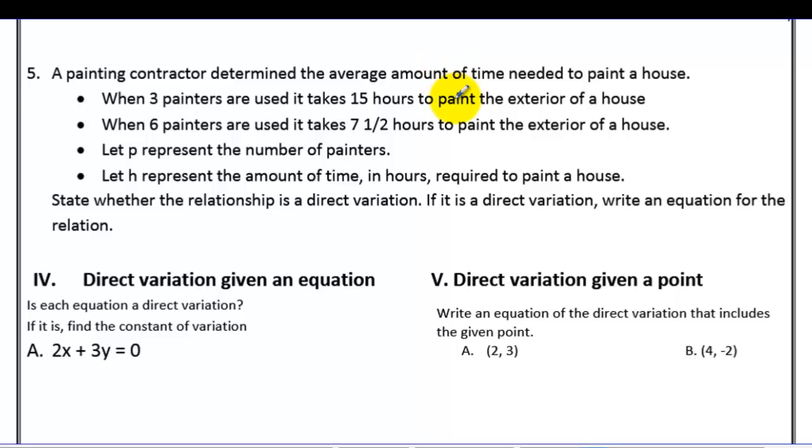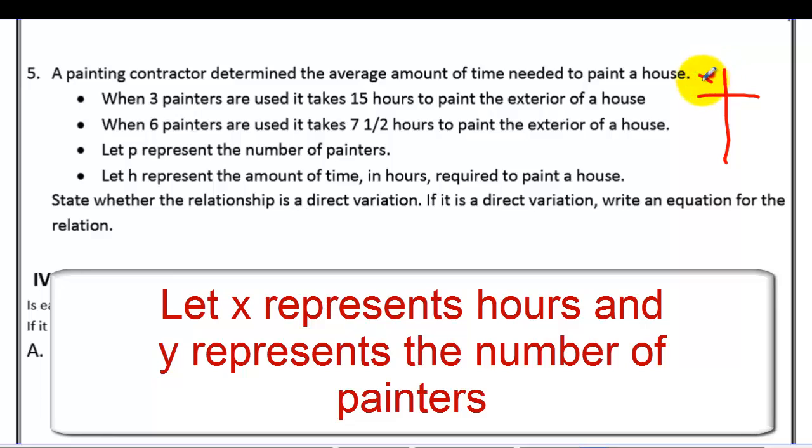We can easily identify if we have a direct variation if we create a table representing the given. When we discussed the rate of change in the last unit, we said that our x always denotes time: days, minutes, hours. So in this case, 15 will be our x, and then the number of painters will be our y.